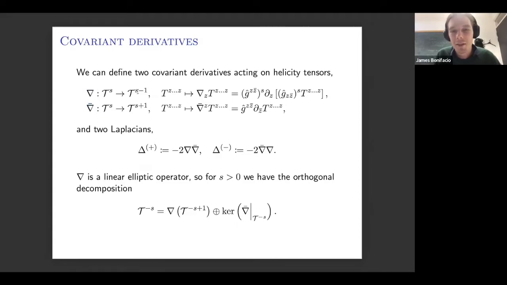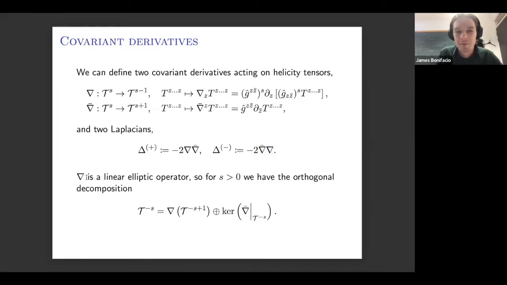And in fact, these are just the components of the ordinary covariant derivative associated with the Levi-Civita connection in complex coordinates. And so locally you could write them like this. And similarly, you can define two Laplacians depending on which order you act with these covariant derivatives.